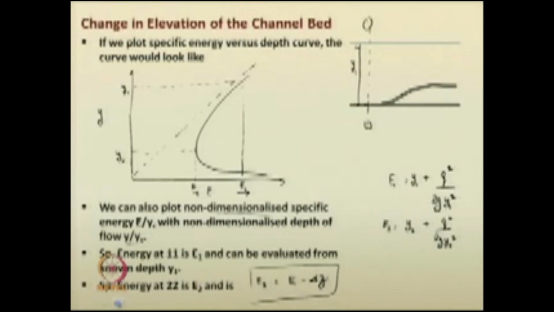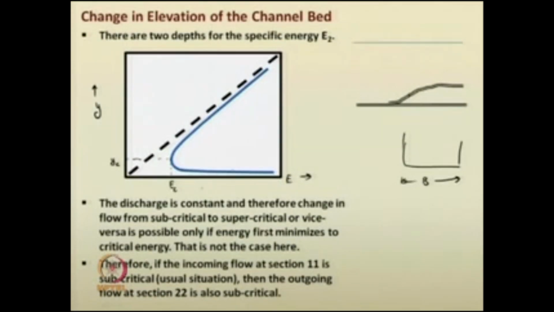So, based on those things, now if you plot that, say at the upstream section for E1 and the corresponding depth y1, let us assume that the flow is subcritical at the upstream section and the corresponding specific energy is E1.